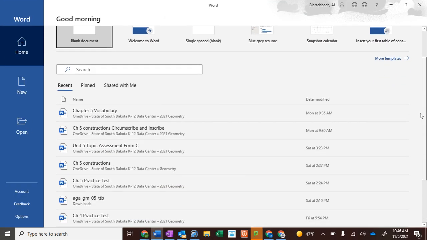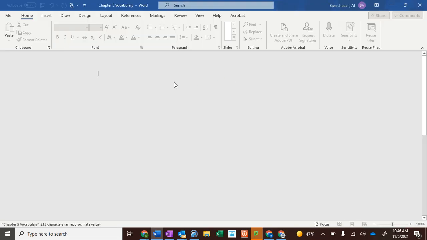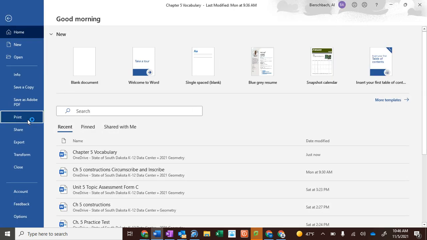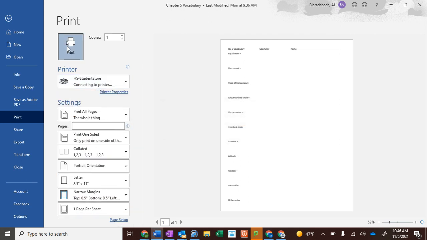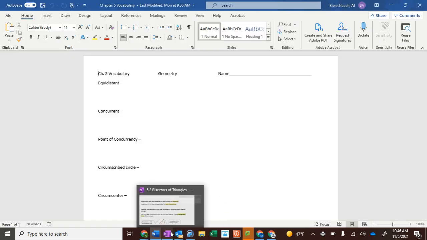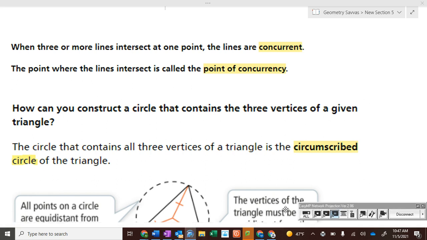I'm liking this vocab sheet because I can write things. Take them. You can have.